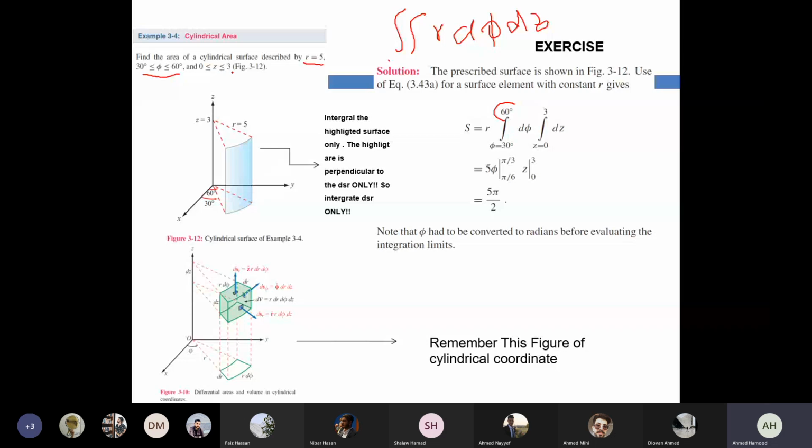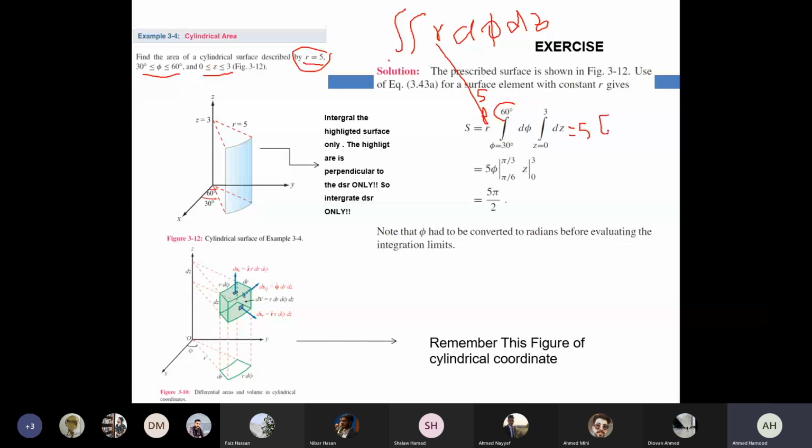Then for z it is already written here, 0 to 3, and r is equal to 5. So r is equal to 5. Normal distributions, guys. So of course, this will be equal to 5.